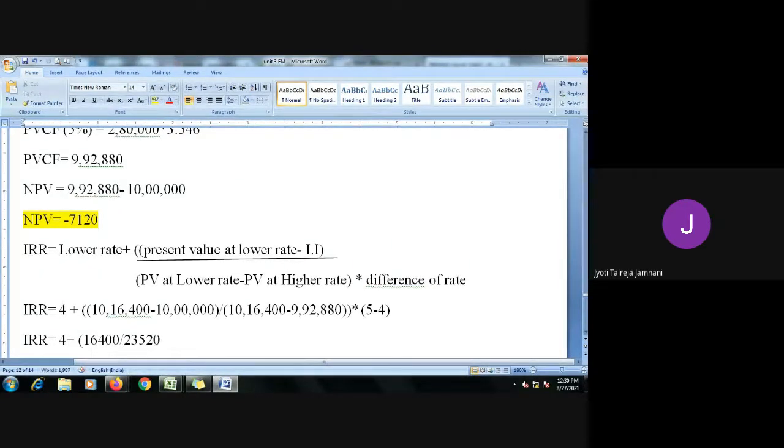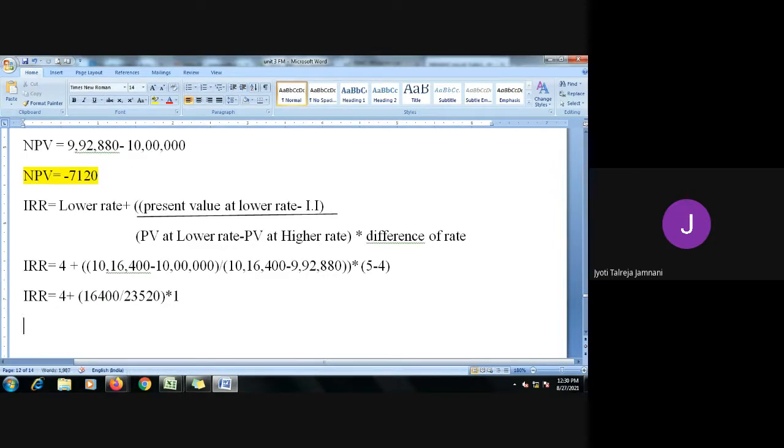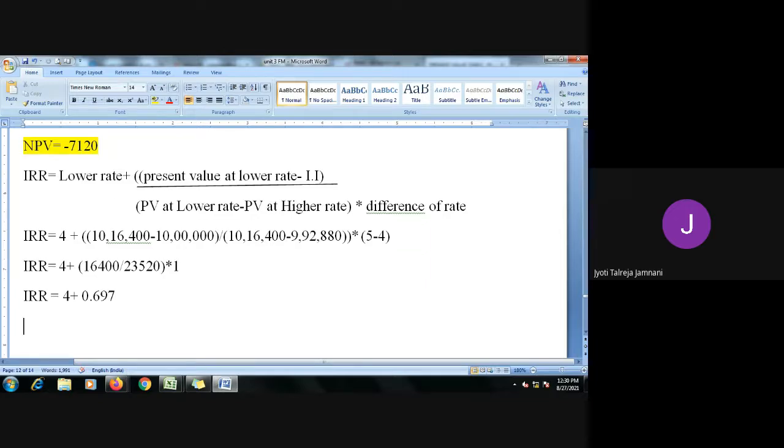We need to divide this and multiply it with 1. So IRR will be equal to 4 plus 16,400 divided by 23,520, which is 0.697. So the answer is 4.697. So we have done it for project B as well.